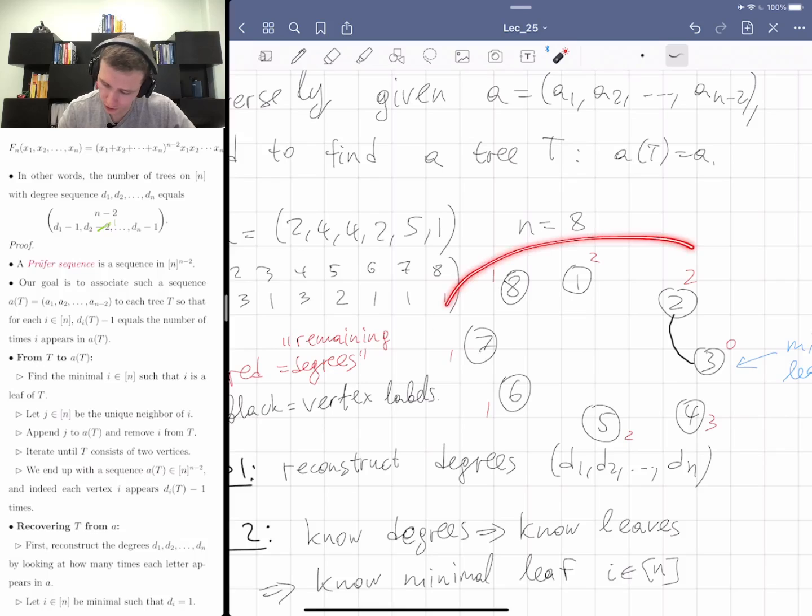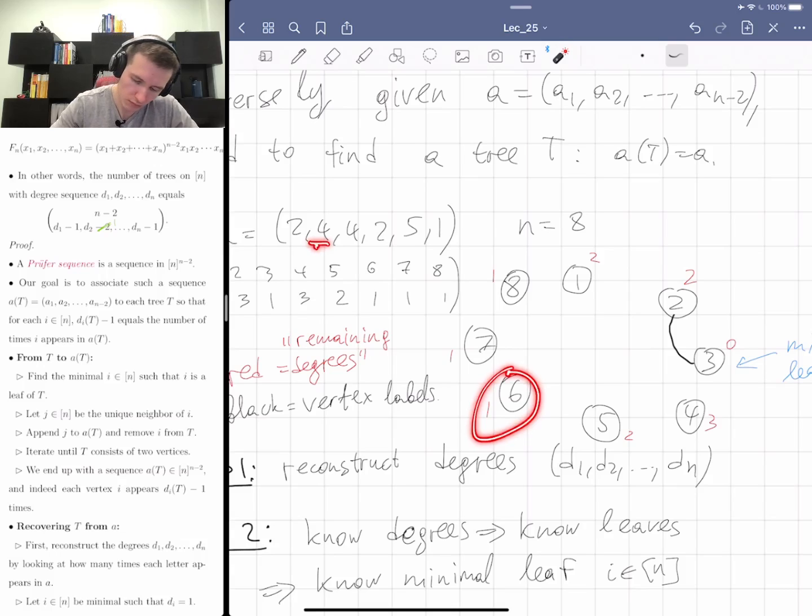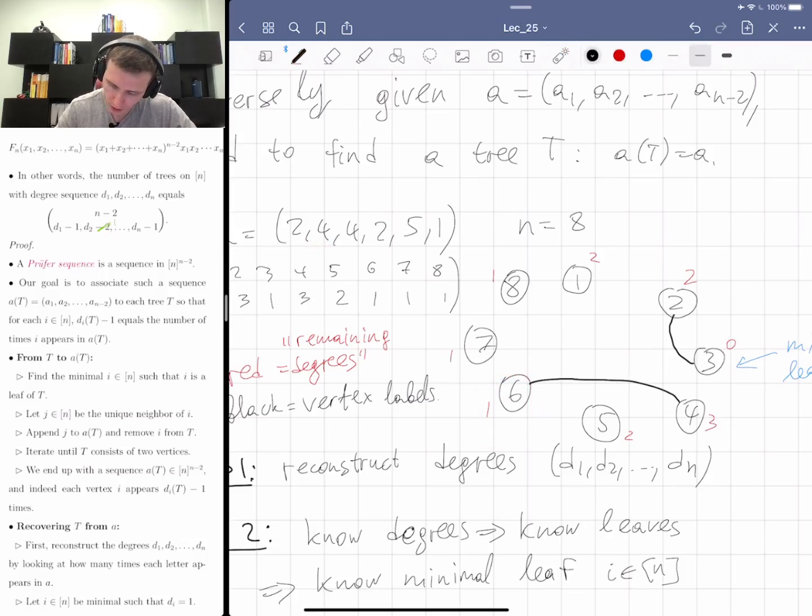I have these new red numbers, and I know that the new leaves are 6, 7, and 8. So the minimal leaf is 6, and I know that 6 is connected to 4. I connect 6 to 4, and then I decrease the red numbers. So 6 now has a 0, and 4 now has a 2.